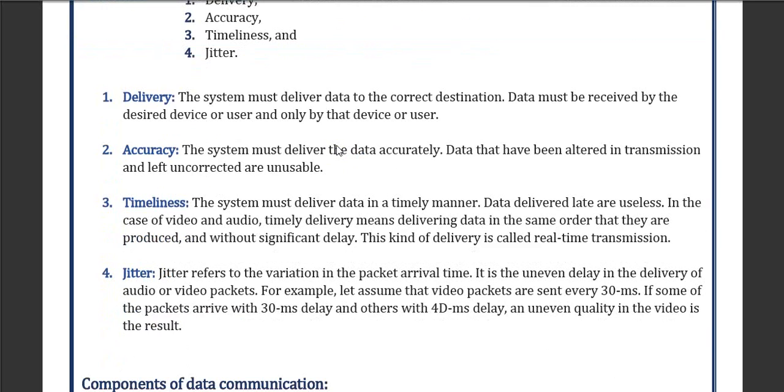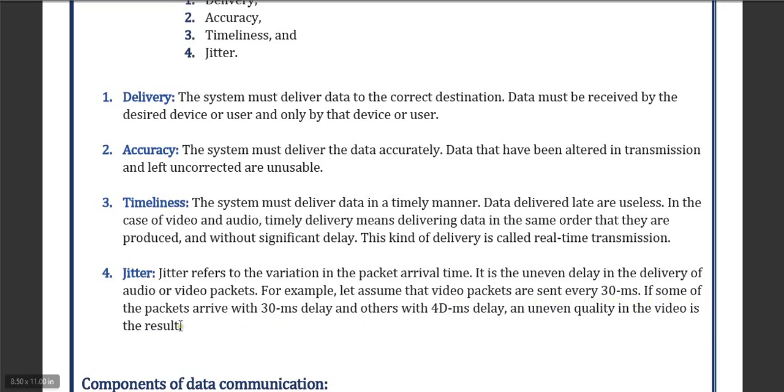Now the most important part in this section is jitter. Jitter refers to the variation in packet arrival time. It is the uneven delay in the delivery of audio and video packets. For example, let's assume that video packets are sent every 30 milliseconds.